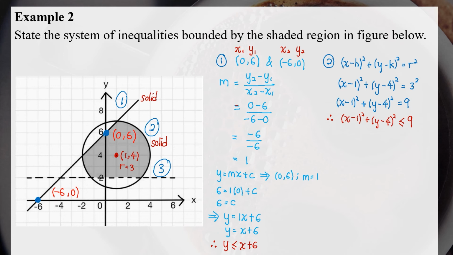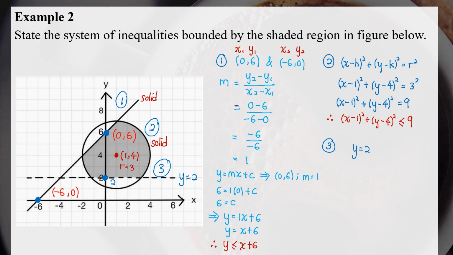Let's look at the third inequality. The third is a horizontal straight line. Here is the point, the point is 2, and this 2 is the value of y. So this line is y equals 2. Here is the value of y: y1, y2, y3, y4, y5, 6, and so on. So this horizontal straight line is y equals 2.